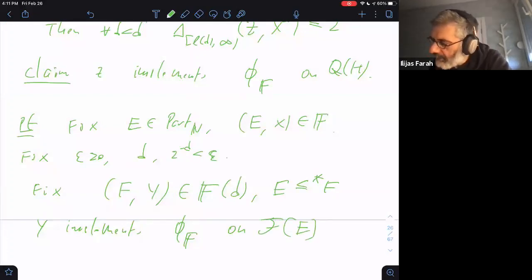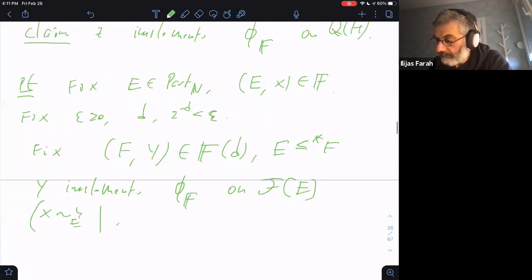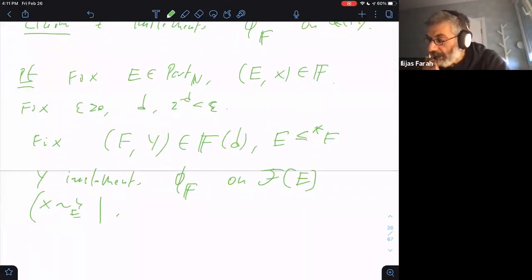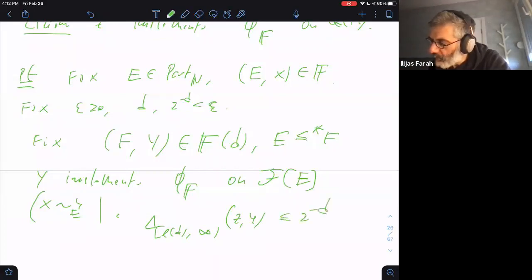That is because x and y were E equivalent. All right. So, but also, what we have is that delta from L of d to infinity between the unitary that we constructed there, z, and y, this is less or equal than 2 to minus d.